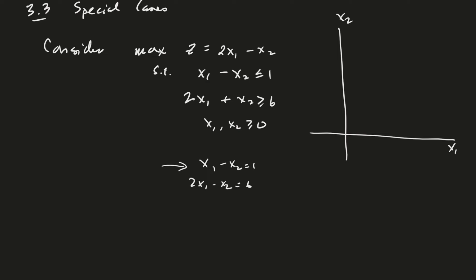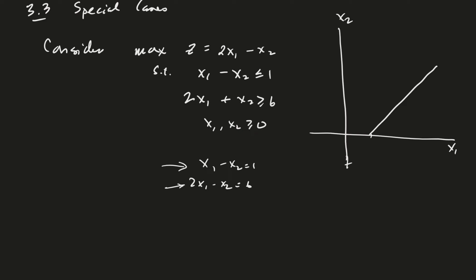The first line has a slope of 1 and goes through -1, so it's going to look something like this, and it's going to come out like that. Well, that's a line.